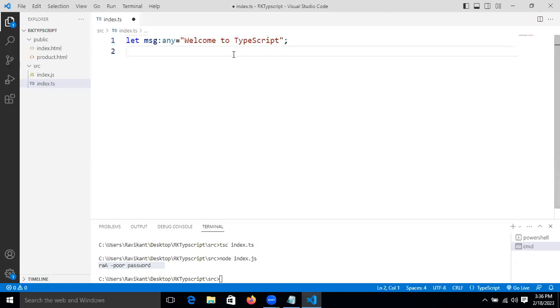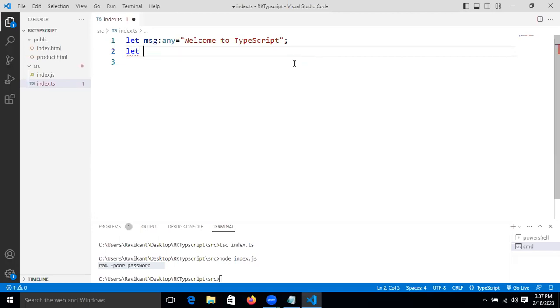Now I want to count the number of letters in it, how many letters there are. How are we doing that?